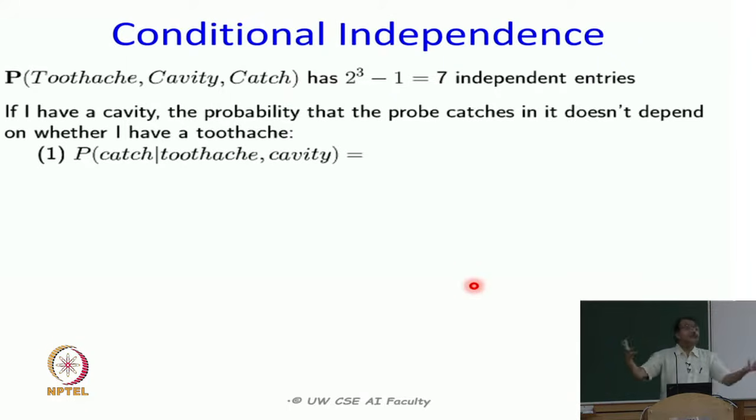and then we have two symptoms or two ways to find it. One is whether you have toothache, one is whether the probe catches. Suppose I tell you the value of cavity, suppose I tell you the person has cavity. Then do you get any additional information by also knowing that he has toothache in predicting the probability of catch?